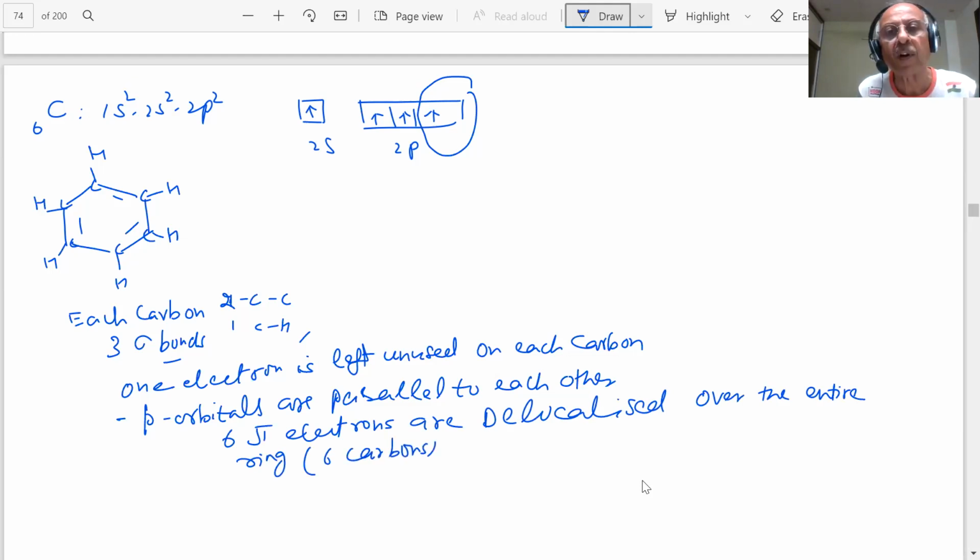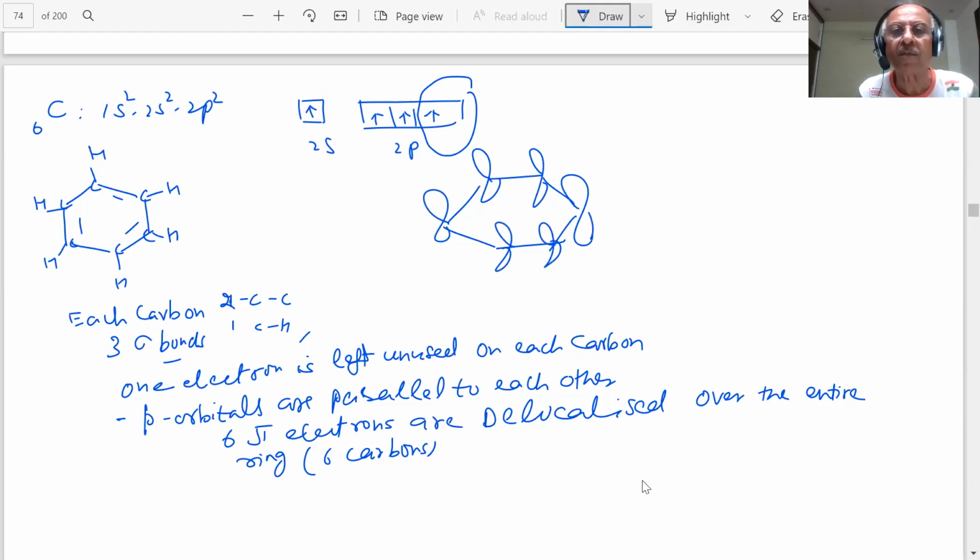So students, what we are showing, you have this benzene, and there is a p, p, p, p, p, p orbital, and there is one electron in each of them, students. Okay? This one electron is present in each of them. What is happening, students? These are delocalized.